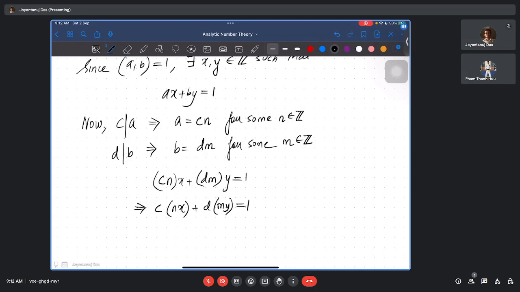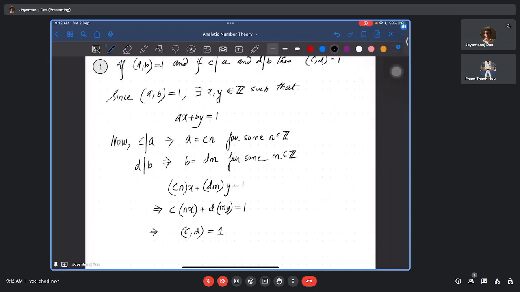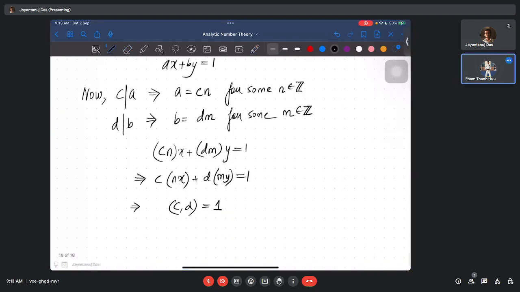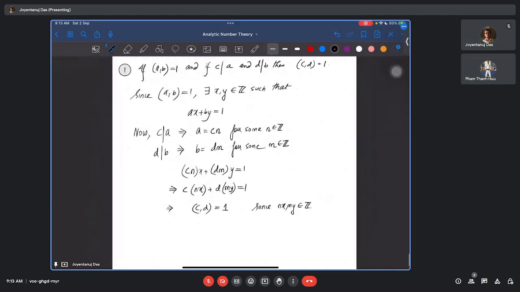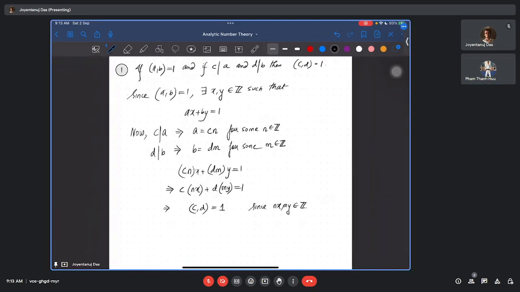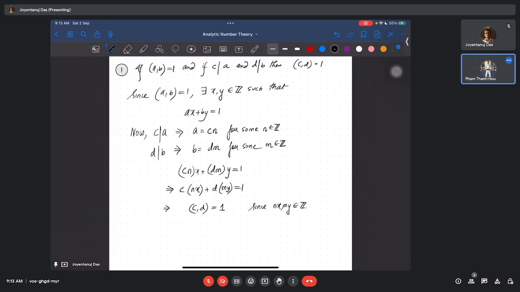From here, this implies that the GCD of C and D has to be one, because N x and M y are integers.